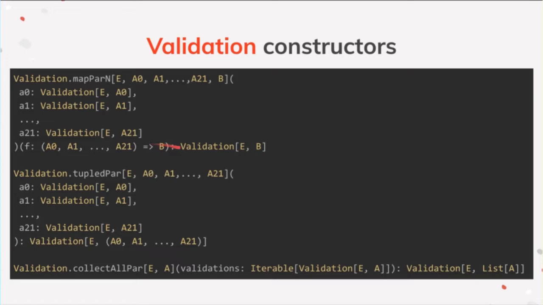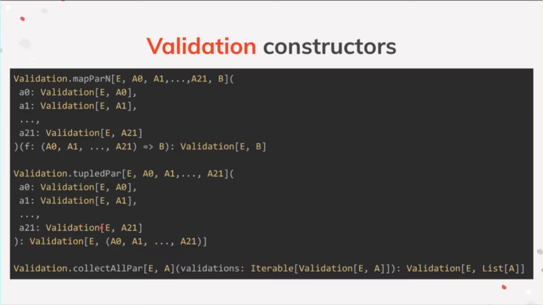You can also combine validations in a sequential way using flat map as either. So if you want to use validation in a sequential fashion, you can also do that using for comprehensions. You can, for example, zip two validation values into one. You can convert them to eithers, options, tries, or even to the ZIO data type.